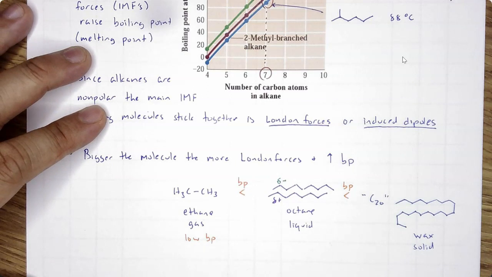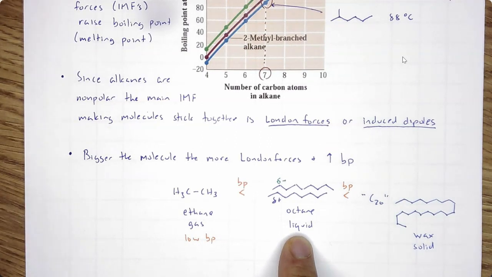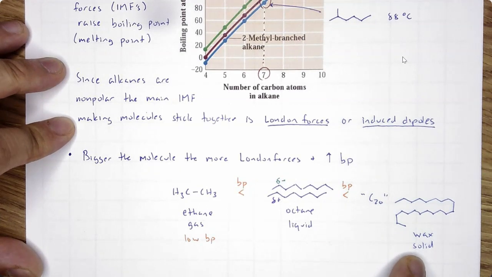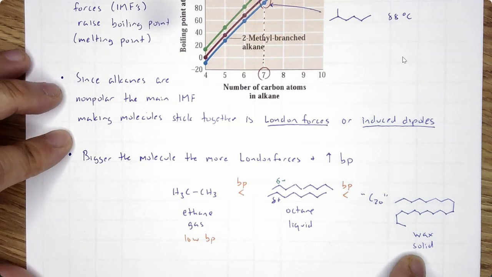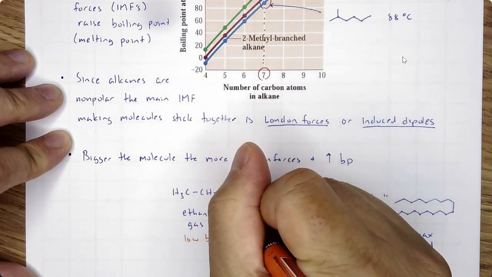And we can even think of these as melting point, like when does this octane freeze, right? That's the same as the melting point, a very, very low temperature, where this one is solid at room temperature. So its melting point is higher than room temperature. So we can even put here melting point.